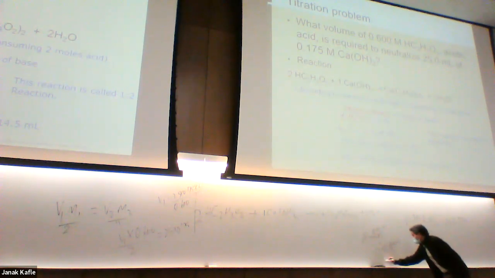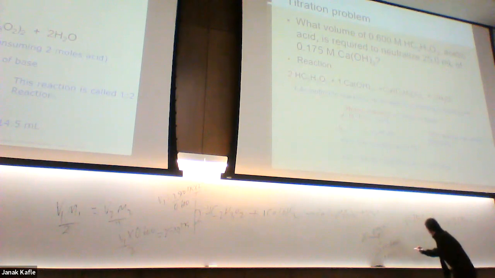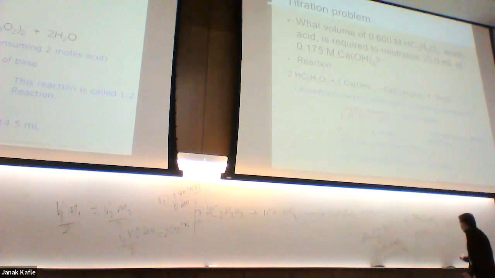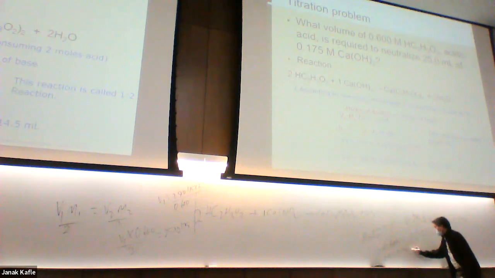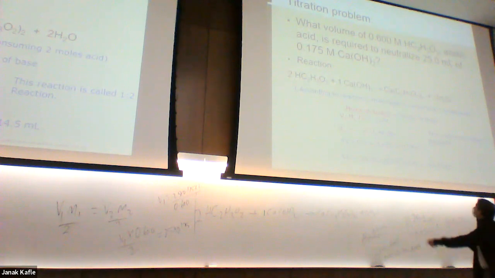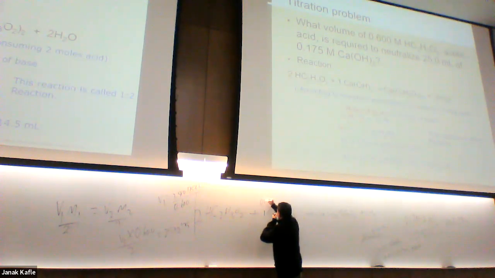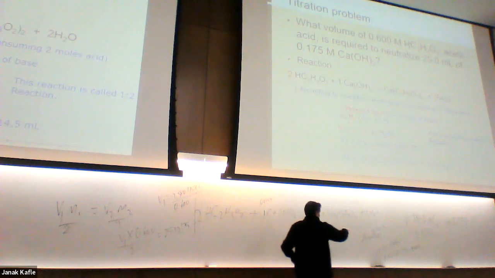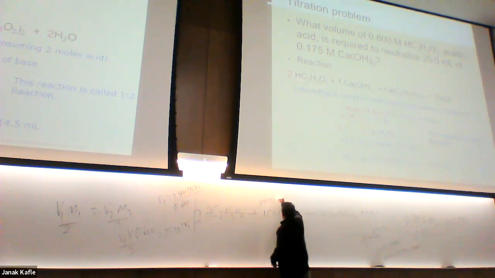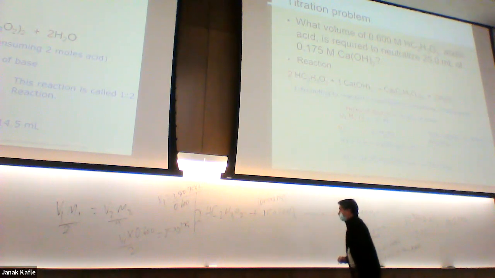So that is 0.025 multiplied by 0.175, which gives the number of moles of the base. So I could put that here. So how many moles I have here is 0.025 multiplied by 0.175.